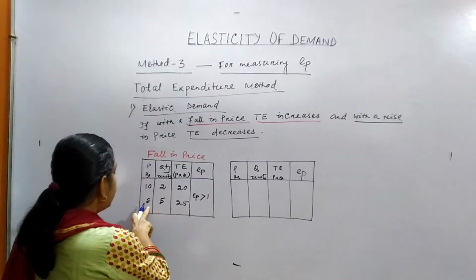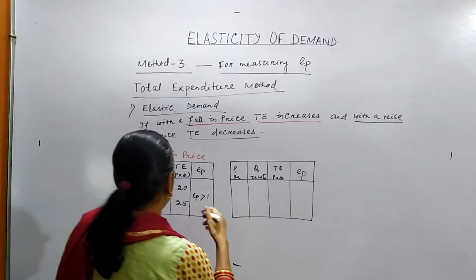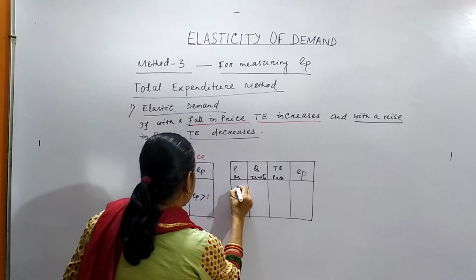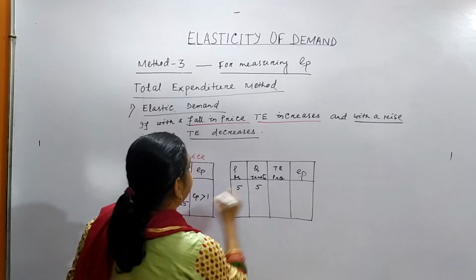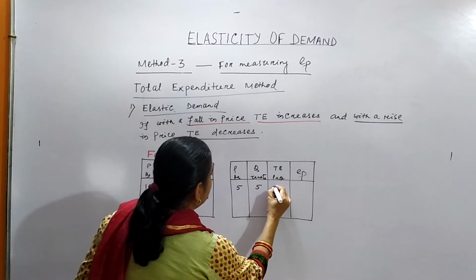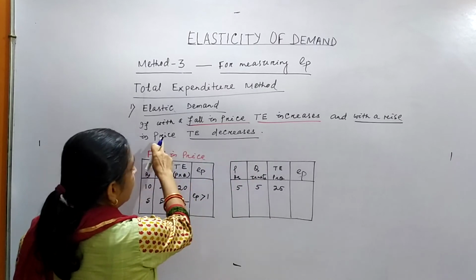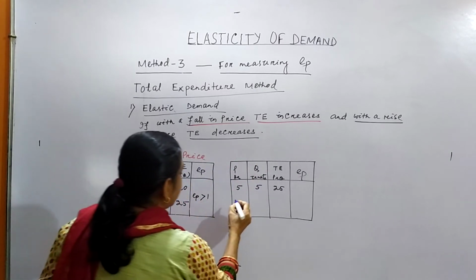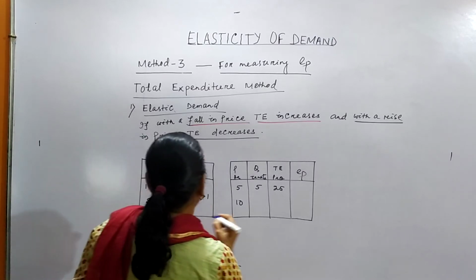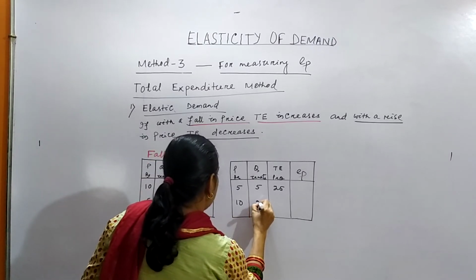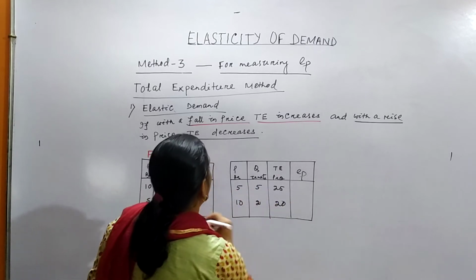Suppose the initial price is 5, quantity demanded is 5, and total expenditure is 25. Price rises from 5 to rupees 10. Quantity is 2, and total expenditure is 20.